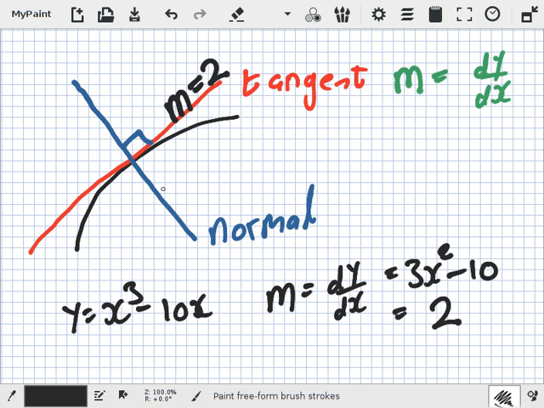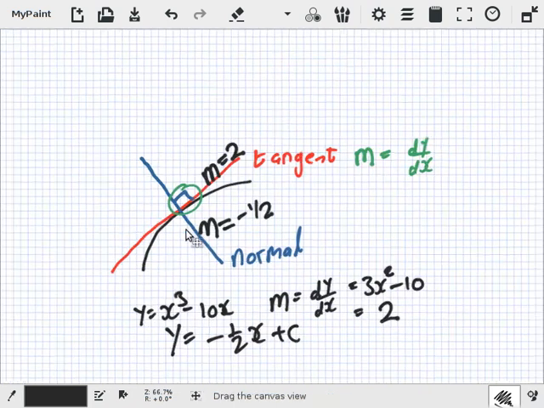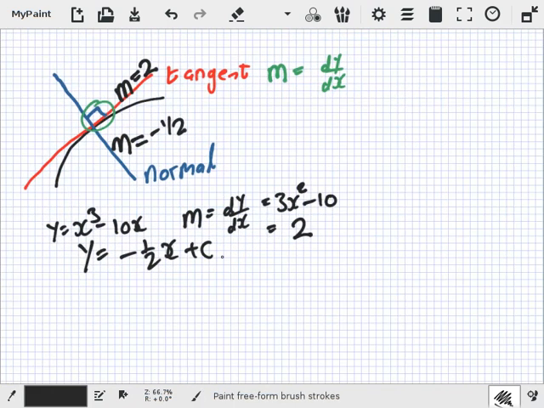What's the m for this line? It's not 2, obviously, because it's a different line. But because it's perpendicular, you can actually know what the m is here. Does anybody know what it is? Very good, minus 1 over 2. Yeah? So now we have y equals mx plus c. So lastly, how do I get the c?